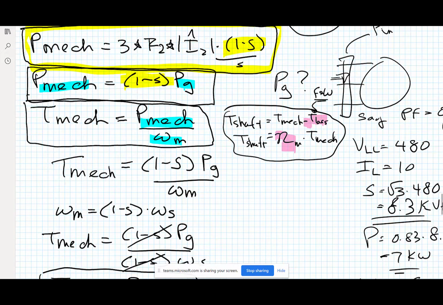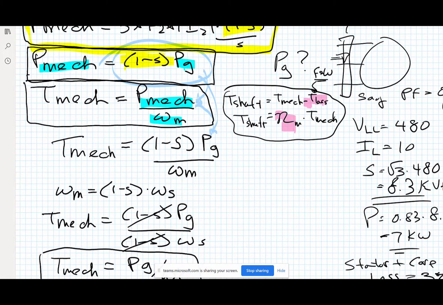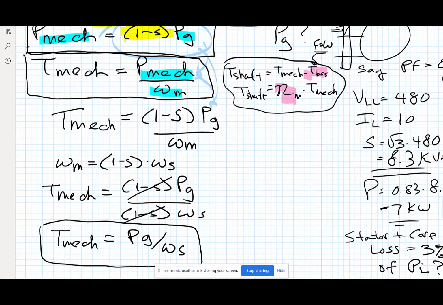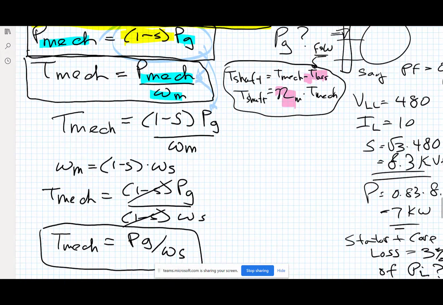We know that P mechanical is 1 minus S times the gap power. So we could even plug this into this. And now we've got a new expression for the torque. Now I can actually come up with a much more elegant expression for torque.